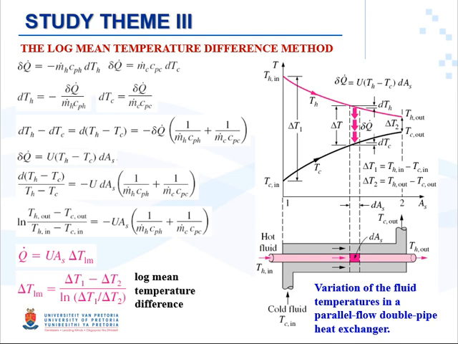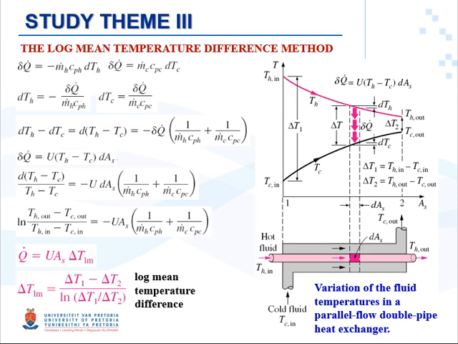First we are going to find it for a parallel flow double pipe heat exchanger. As you can see in this figure, there is a double pipe heat exchanger. The configuration is parallel flow.